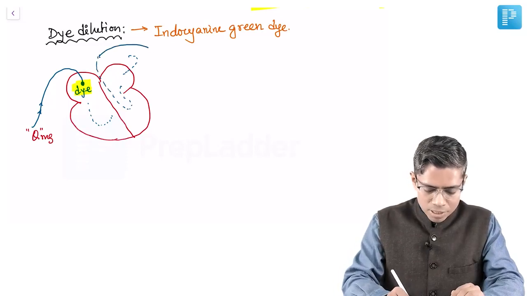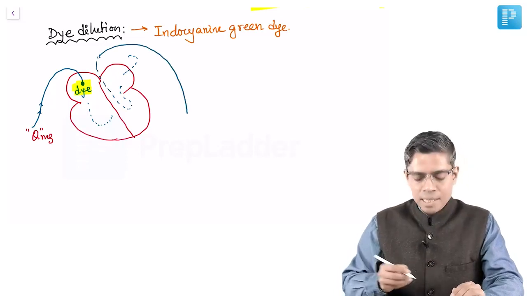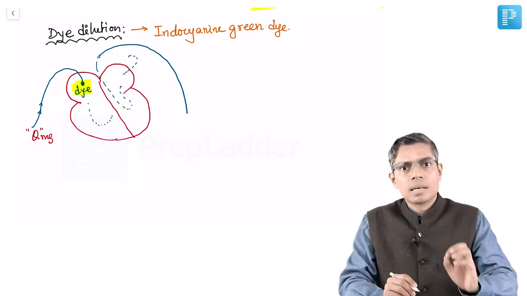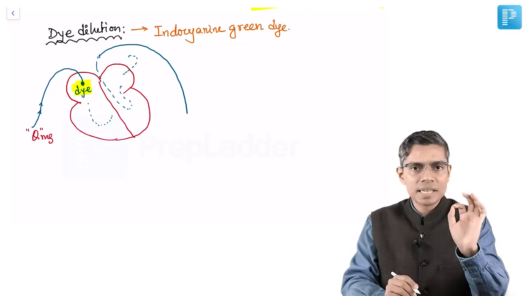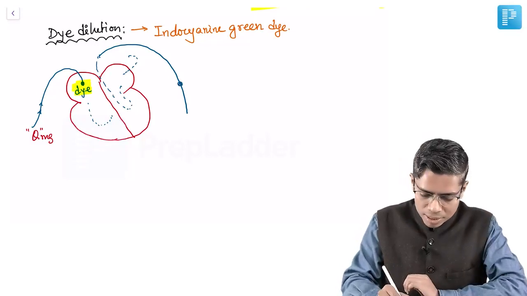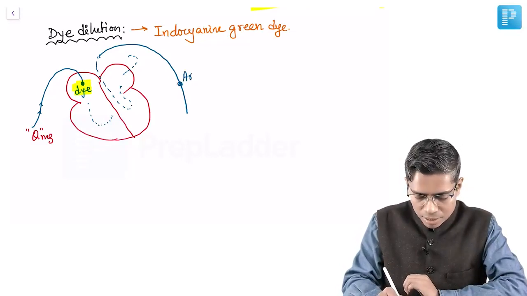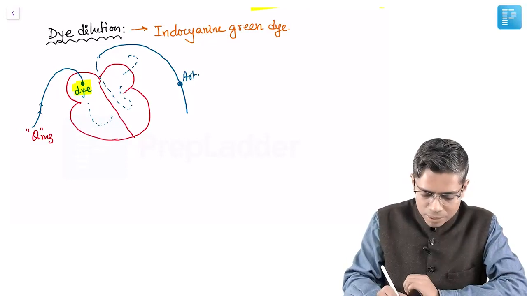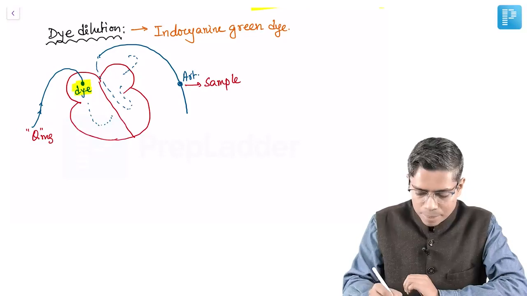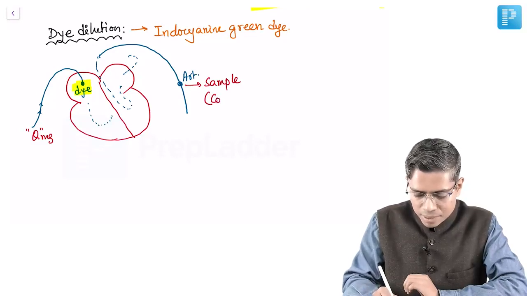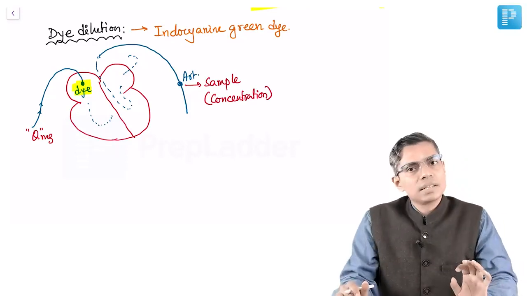When it is going through the systemic circulation, you have to take an arterial sample, best again from the brachial artery. Blood sample is taken, and in this sample you are measuring the concentration of the indocyanine green dye.